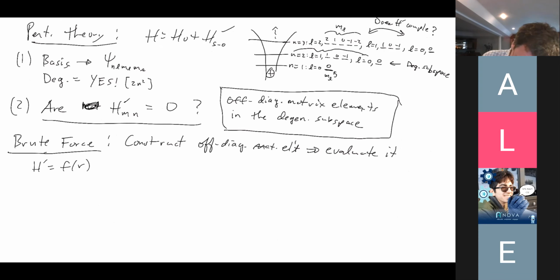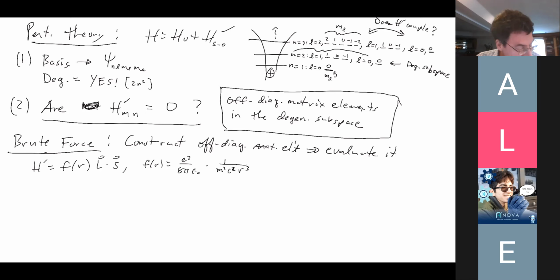But we have the Hamiltonian is f of R times L dot S. And I'll just remind you what f of R is. f of R is e squared over 8 pi epsilon naught times 1 over m squared c squared. Oh shoot, getting these all mixed up. Times 1 over R cubed. Okay, that's f of R.